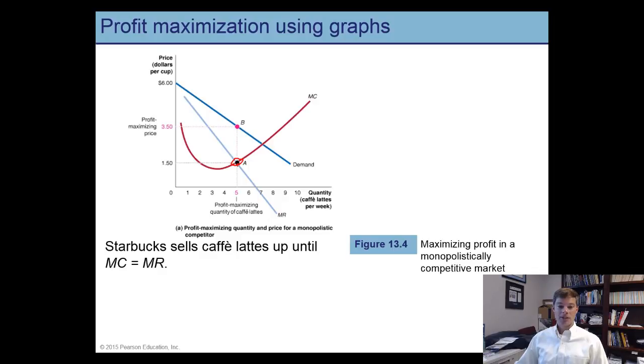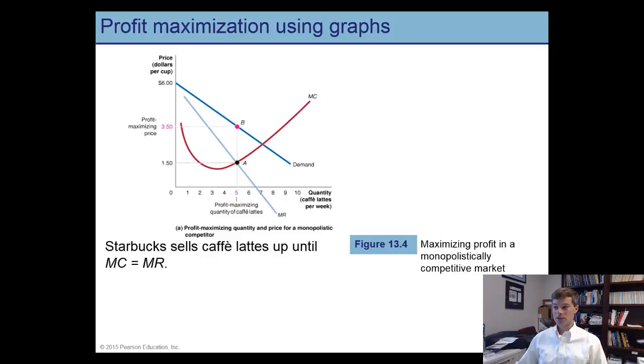The monopolistically competitive firm determines the profit maximizing price to charge by going up to the demand curve for the profit maximizing quantity. This will indicate the price at which consumers will demand the profit maximizing quantity.